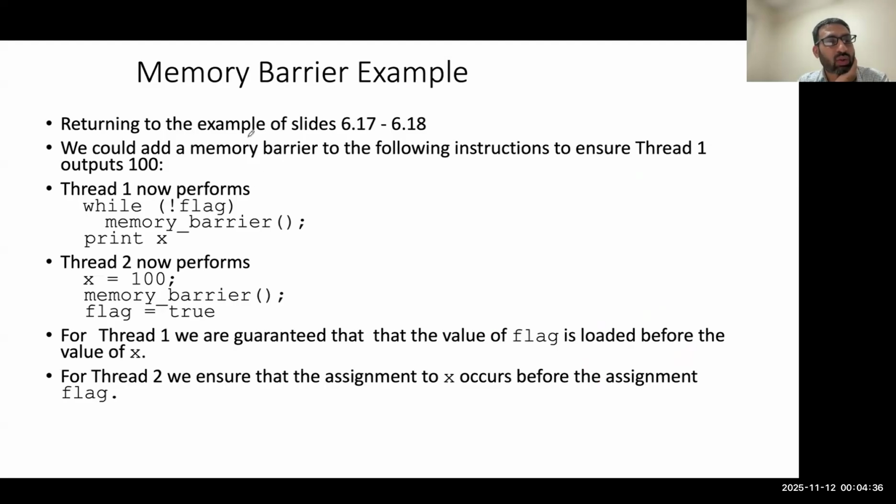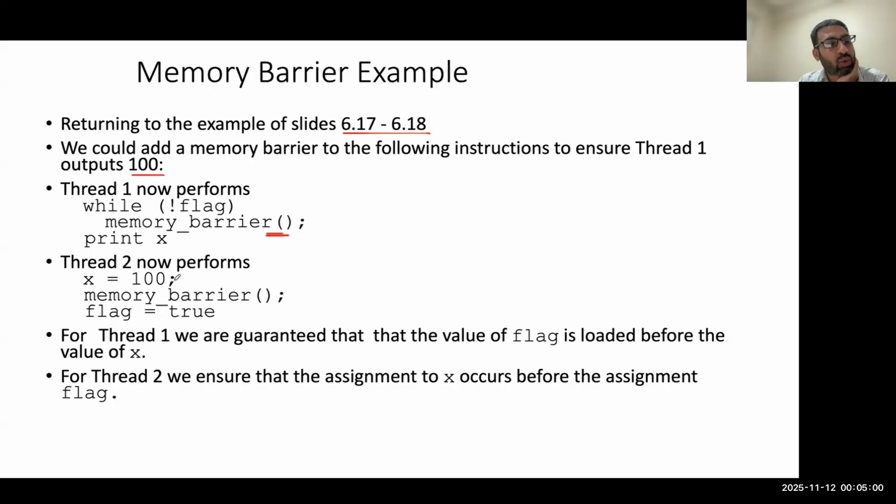So if we go to the same example in the previous slides, we add a memory barrier to the following instructions to ensure thread one outputs 100. In thread one, we can put a memory barrier between the flag while statement and the print x statement. Remember, we said that two things can happen.